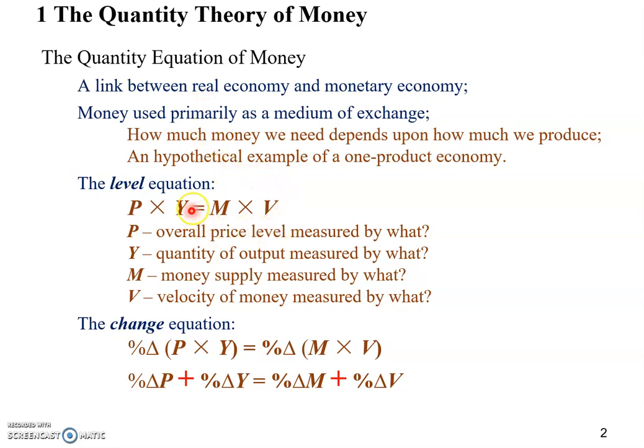On the right-hand side, it's a monetary economy. Now, we produce $10 of oranges. Does that mean we need $10 of money to facilitate the transactions of oranges? No, not necessarily. Because remember, if I spend $1 purchasing one orange you produced, then when you receive this $1 bill, you can turn around and spend it again, right? So the same dollar bill can be spent over and over again within 1 year, let's say, right?